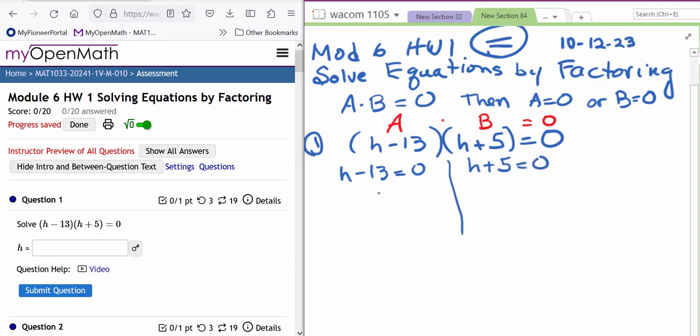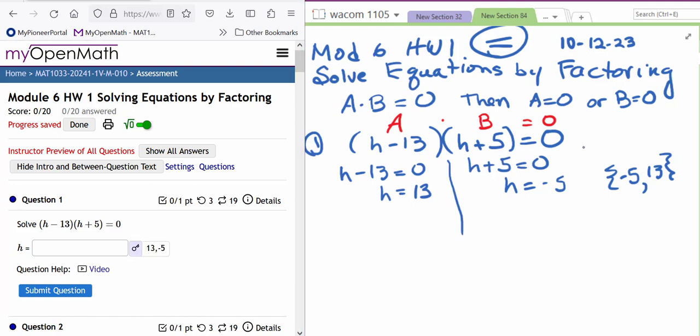So here we add 13, so h equals 13. Here we would subtract 5, which equals -5. Normally now we will put the answers in solution set symbols, not parentheses. Make sure they're the braces. And you probably don't have to enter that at all, but that is how you should write it. And it's just because there's more than one answer, we kind of group them together. So 13 and -5.